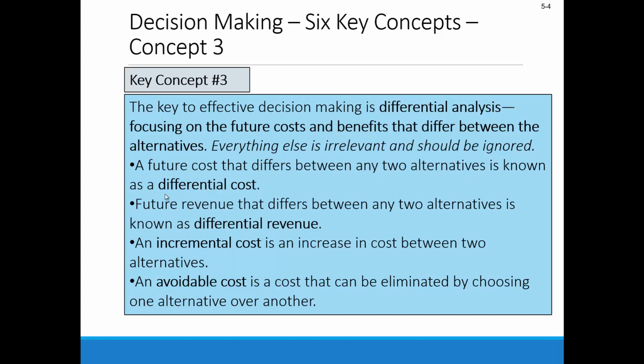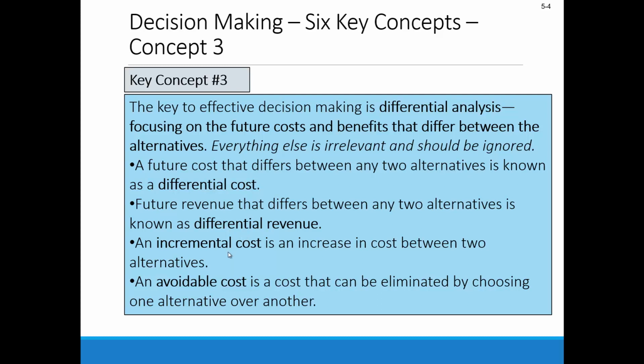A differential cost is a future cost that just differs, as the name implies, between any two of our alternatives. We can extend that to this idea of differential revenue. Same thing, except we're referring to revenue that differs between the alternatives rather than a particular cost.